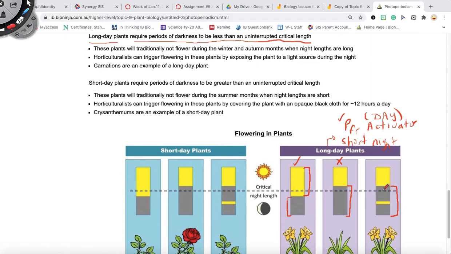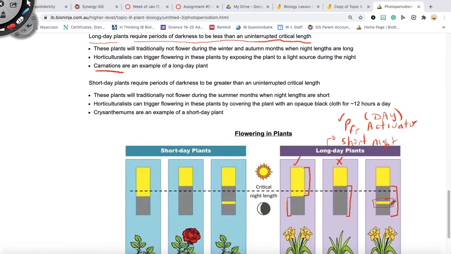So these plants, for example, carnations, if you want to have them bloom at a season when there's these long nights, what you do is you trigger flowering by interrupting that critical night length.